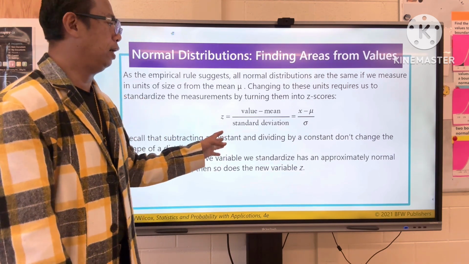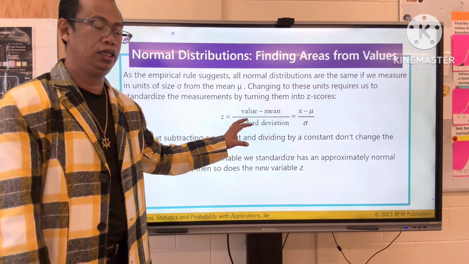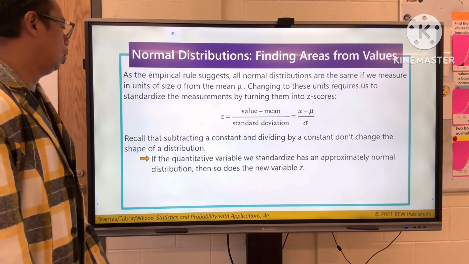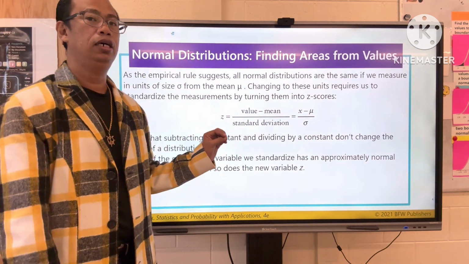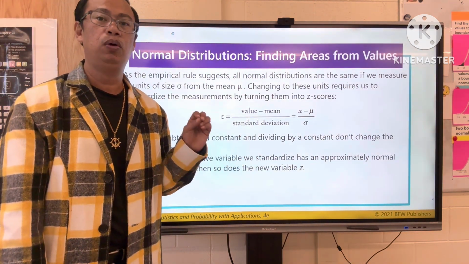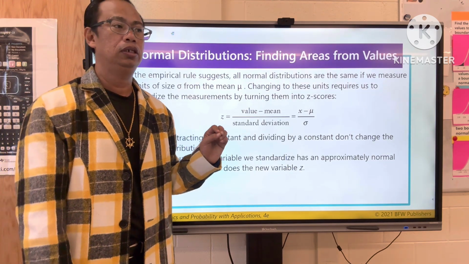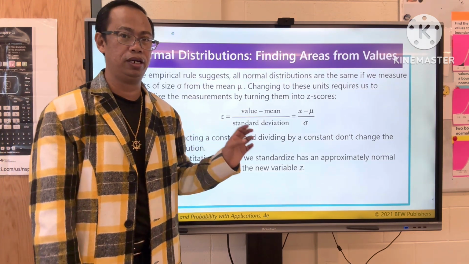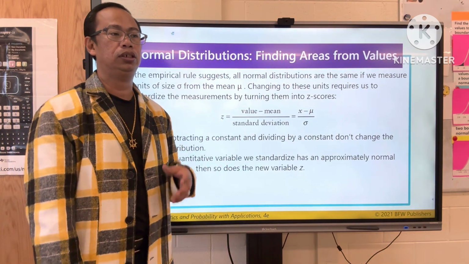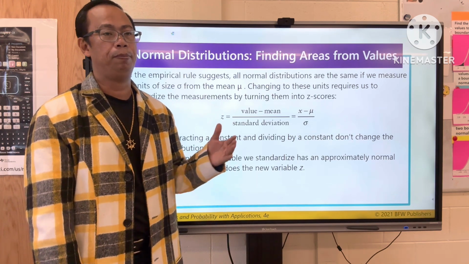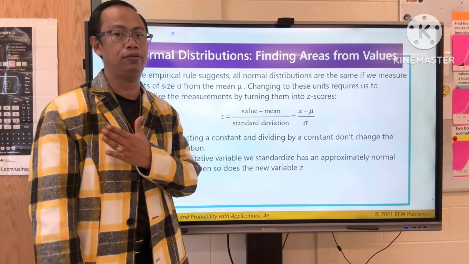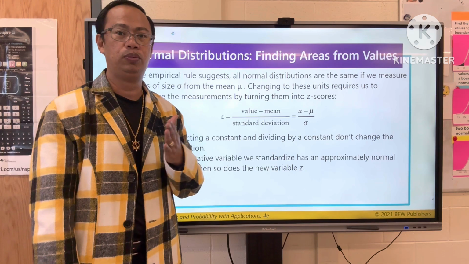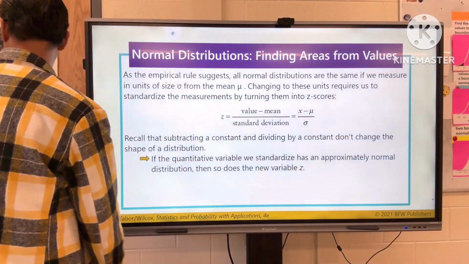We're going to plug all the values into this formula. We simply recall the z-score computation because we're going to use it to locate the area. We're going to check how much area we have to the left of 4, less than 4.